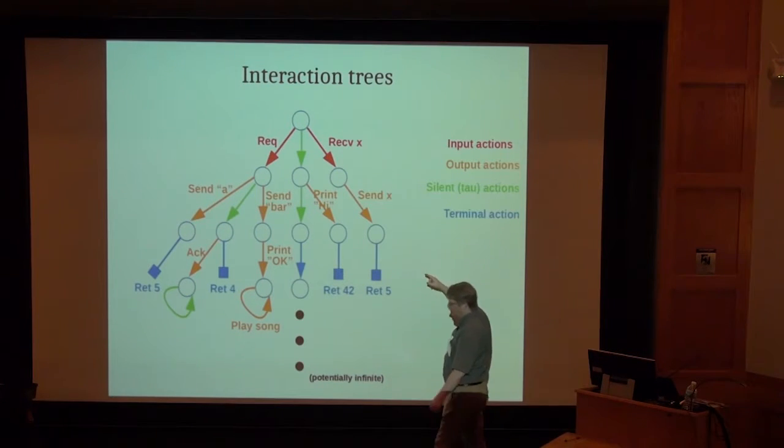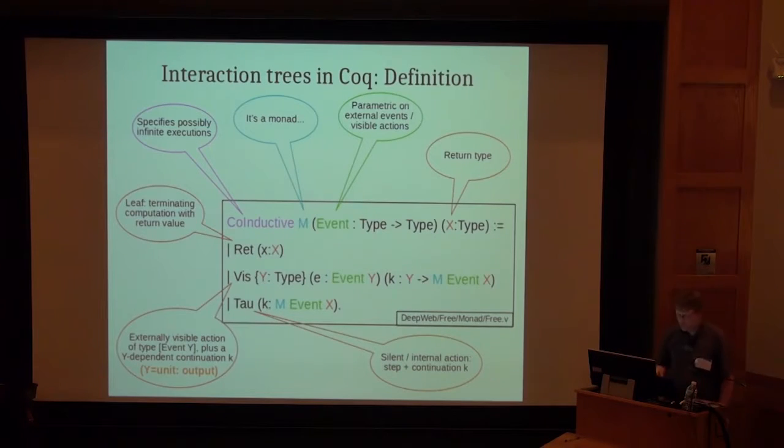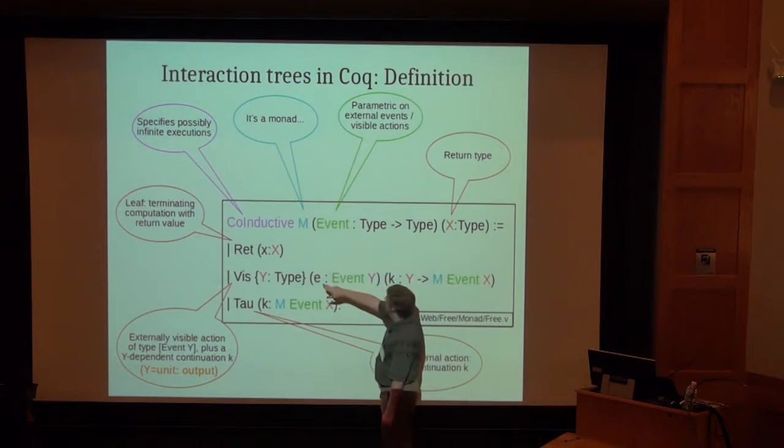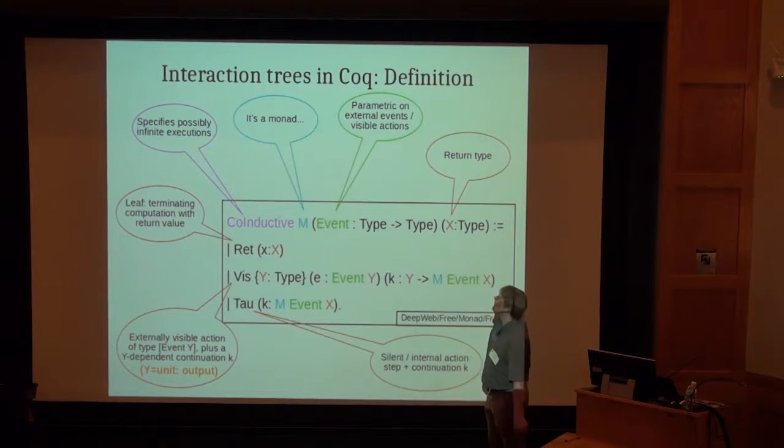And the behavior of systems can in principle be infinite, and that could be silent or interacting. So this is the Coq type for these interaction trees, which you'll also remember from Wednesday.